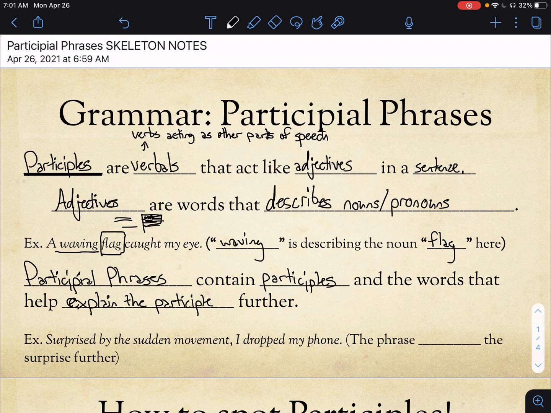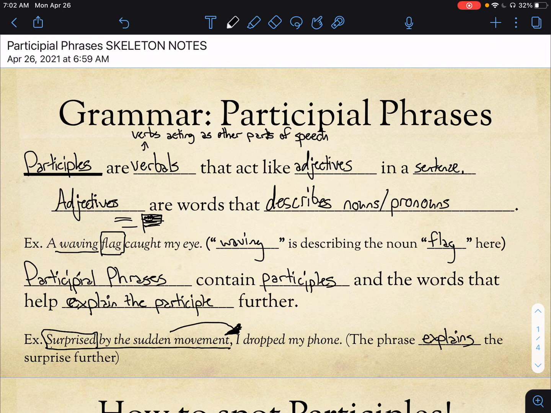So when we look at this sentence below, surprised by the sudden movement, I dropped my phone. This is all describing me. I, surprised by the sudden movement, dropped my phone. It's all describing it, and it all started with this word. That's our action. Normally an action, but it's being used here as a description.